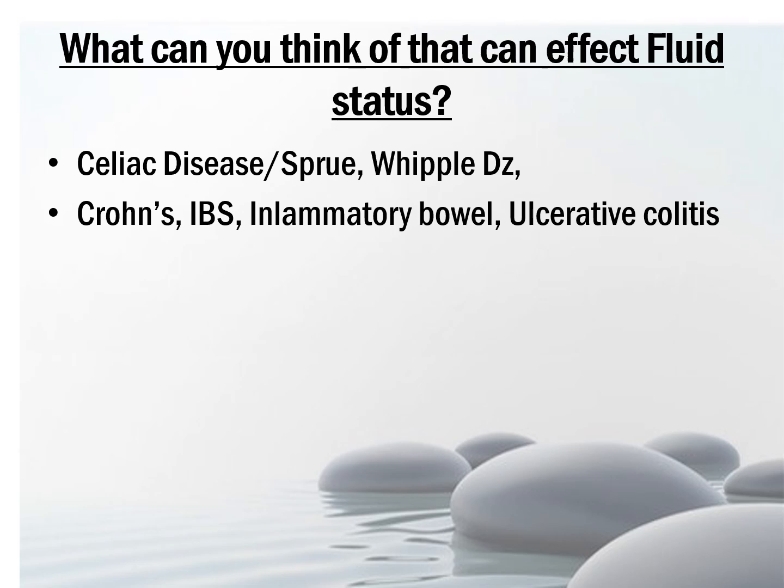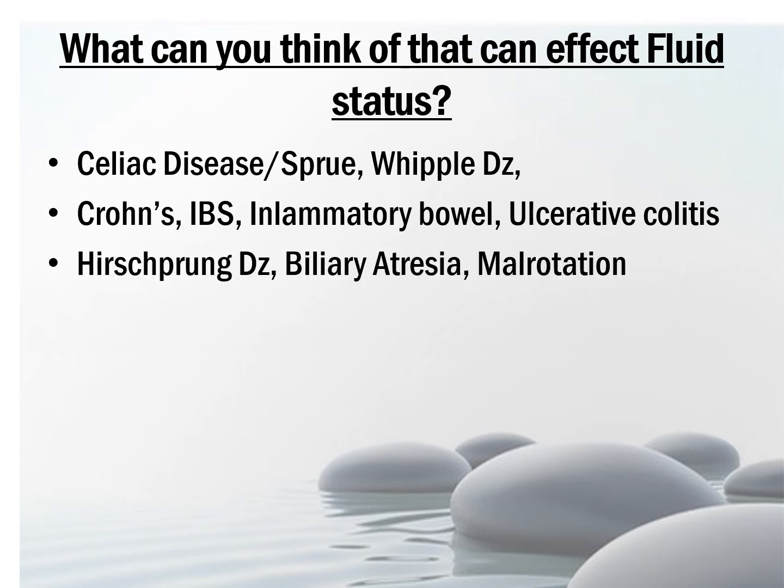Conditions like Crohn's, irritable bowel, inflammatory bowel, and ulcerative colitis also change the composition of the intestinal lining. It changes the status and function of that mucosal layer, which impedes its capacity to absorb nutrients.